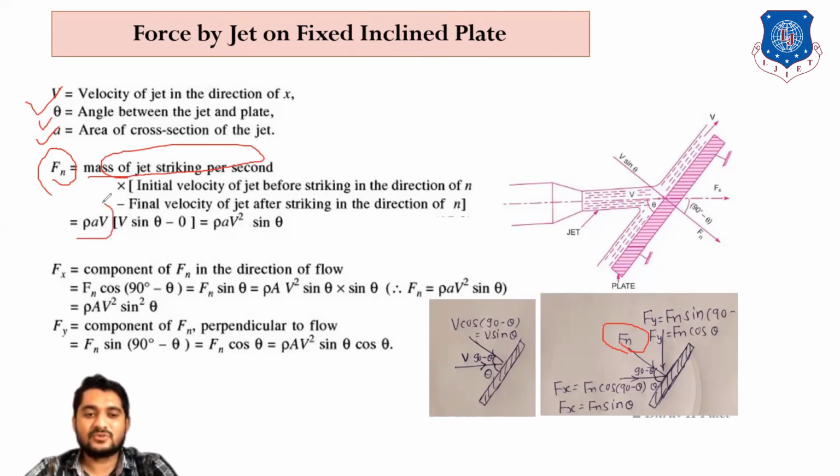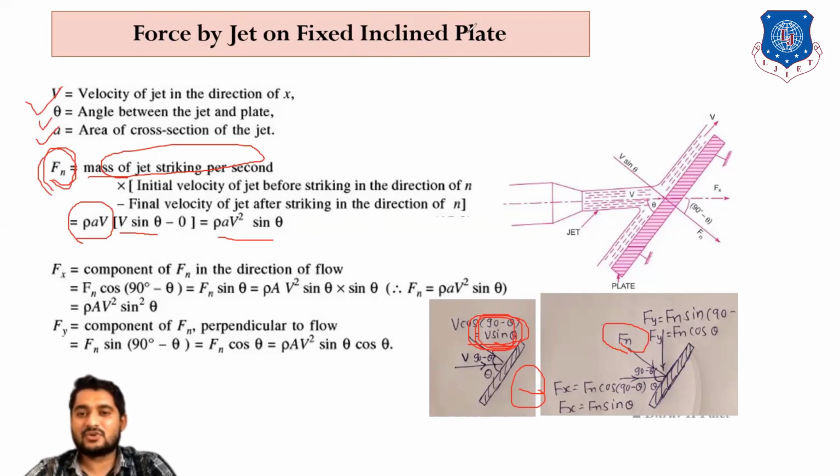The mass flow rate is equal to rho a v, into the change in velocity. Remember this, before striking, in the normal direction the velocity will be v sin theta. So v sin theta minus after striking, there is no velocity here, so minus 0. So clearly rho a v square sin theta is the normal force value.